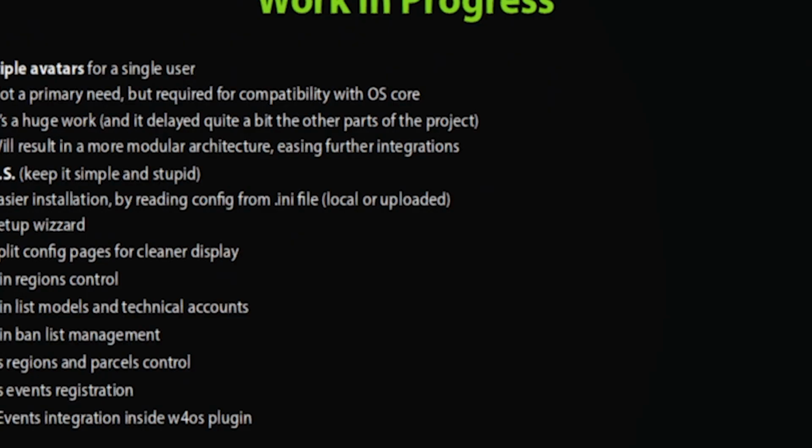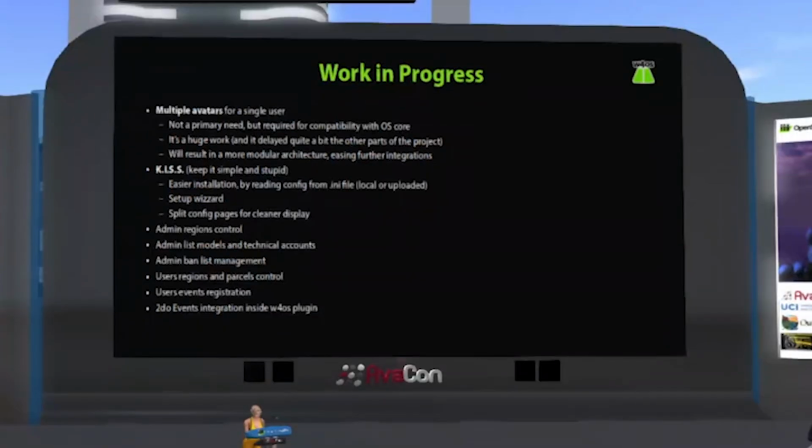I already tried to make it really easy, but a plugin setup wizard and splitting config pages. So only helpers that are enabled will have a separate admin menu with the config pages for this helper. It will clear things out.